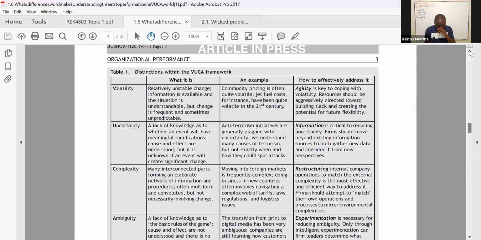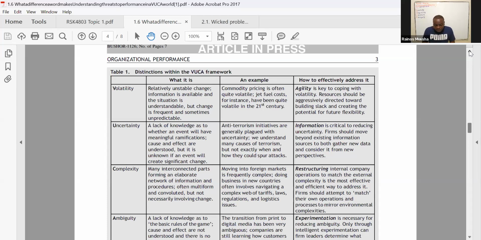So the cause and effect are understood, but it is unknown if an event will create significant change. So anti-terrorism, as an example, initiatives are generally plagued with uncertainty. We understand many cases of terrorism, but not exactly when and how they could spark the attacks.